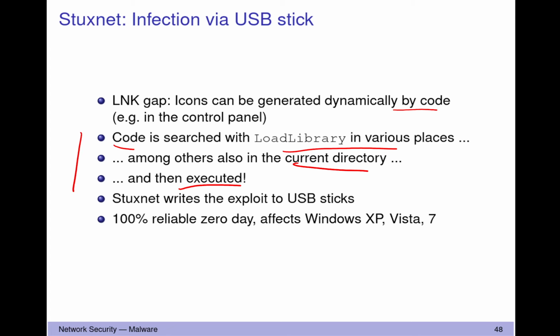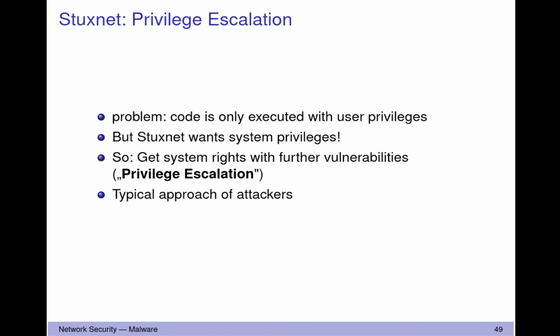So just by sticking in the USB stick, code on it is activated. Next, even if you can run that code as a user, you want to get system privileges so that you can install more measures to hide your behavior and so on.